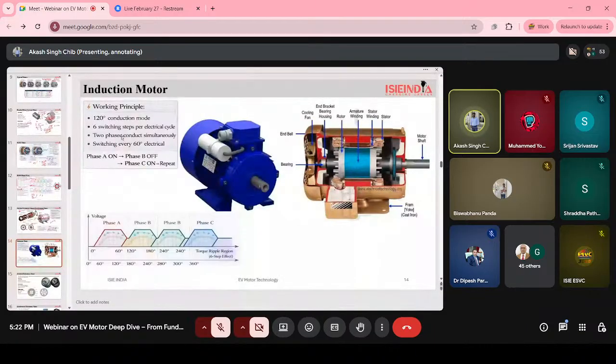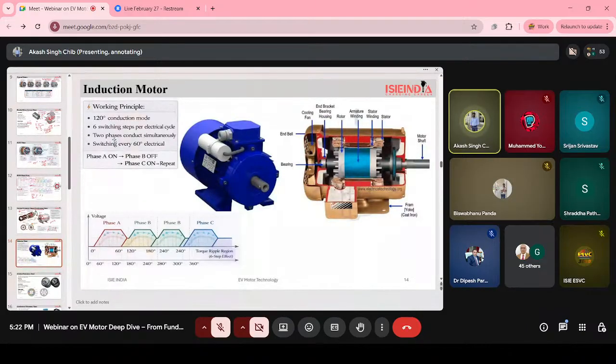And the same switching process we have discussed before. The Hall sensor detects the position of the rotor and gives signals to the controller, and the controller decides which phase to turn on and which phase to turn off. Okay.